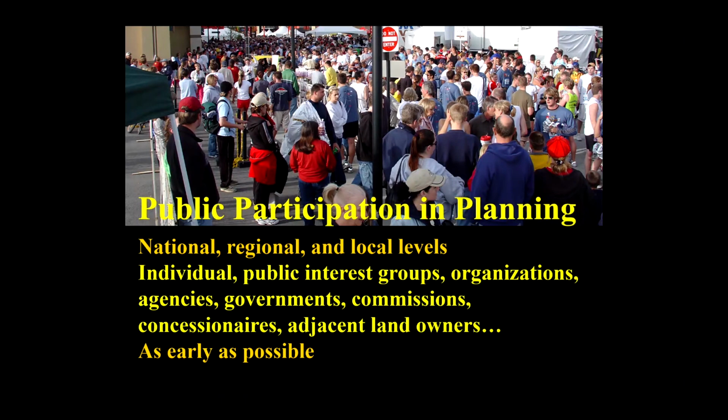So generally, especially once a place has been there for a while, there are already lists of individuals, groups, organizations, other agencies, neighboring agencies, governments, meaning cities, counties, states, commissions, concessionaires, adjacent landowners. That list is something that's gathered early on, and you are notifying those people directly as well as notifying the public in general through public announcements.